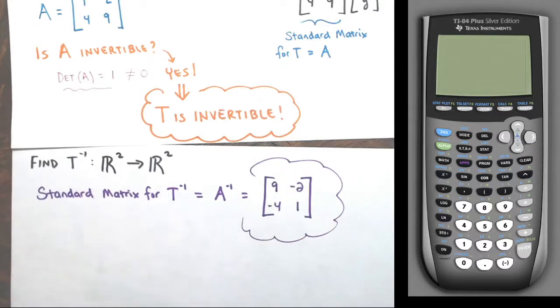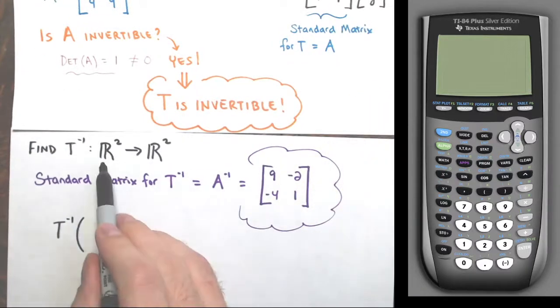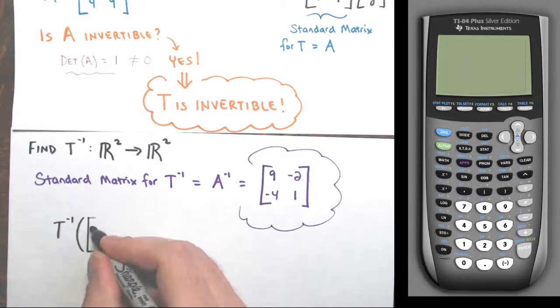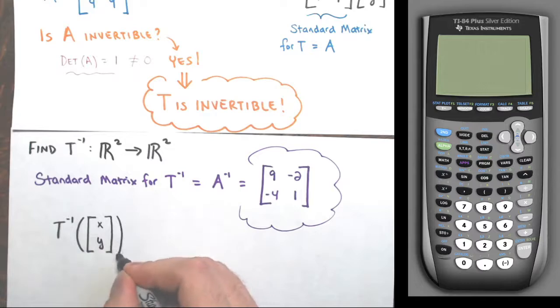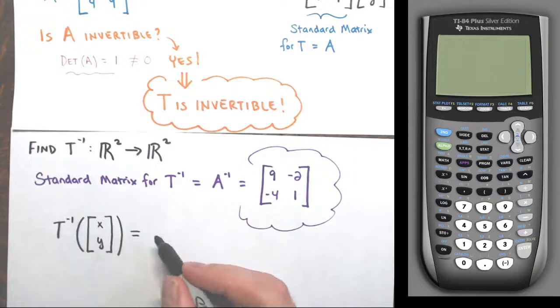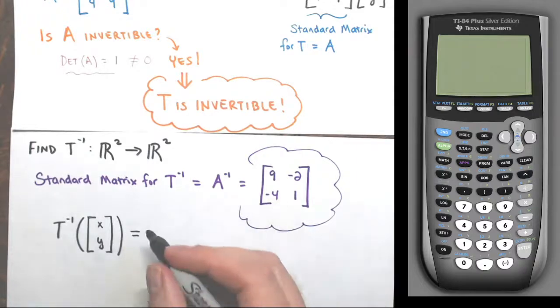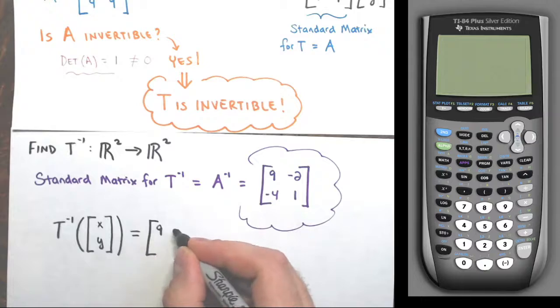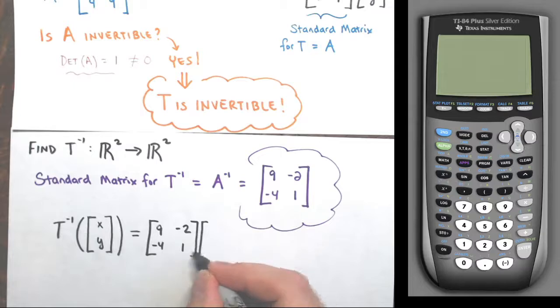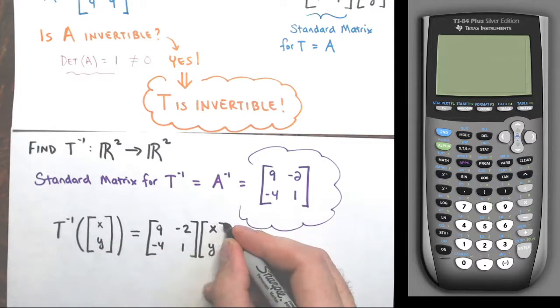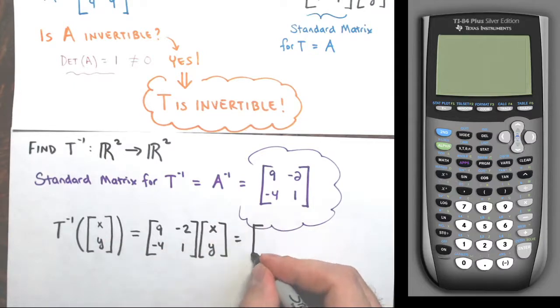Therefore, here's the rule for T inverse. My input is from R2, so say x, y, something with two components. It could be a, b, x1, x2, whatever. It can be expressed as the matrix 9, -2, -4, 1 multiplied by the input vector x, y.